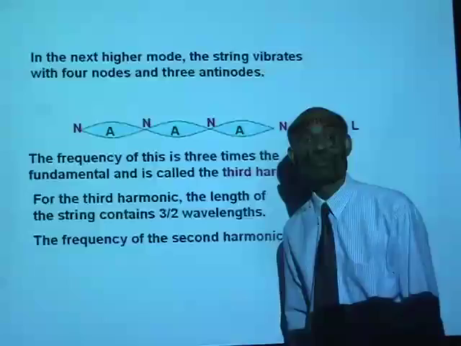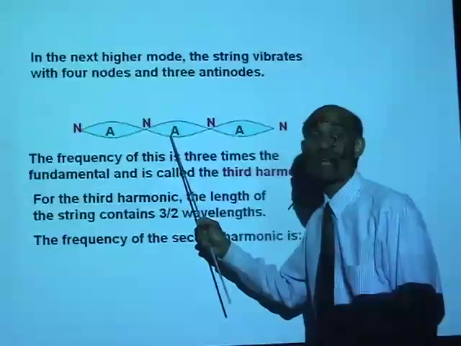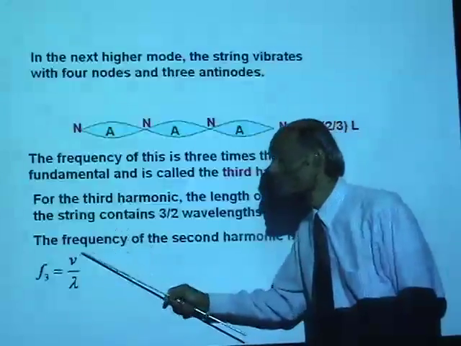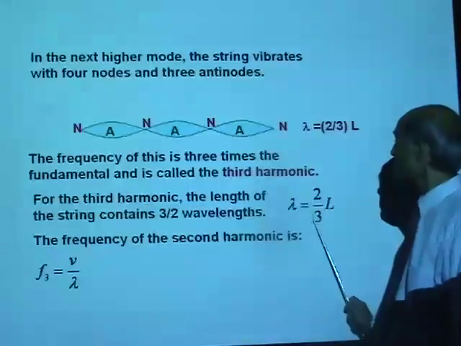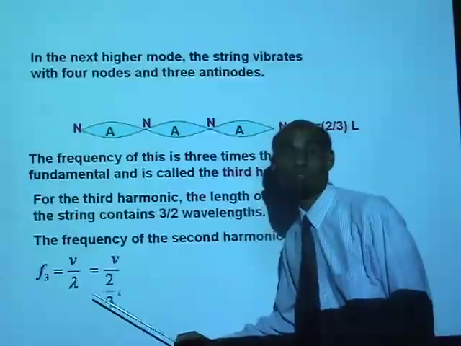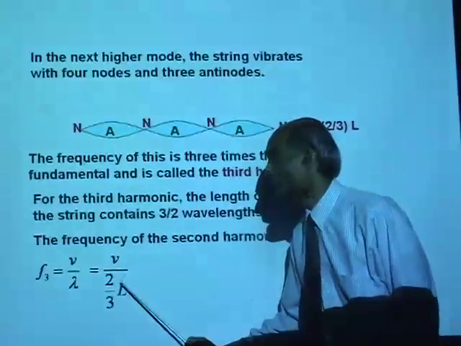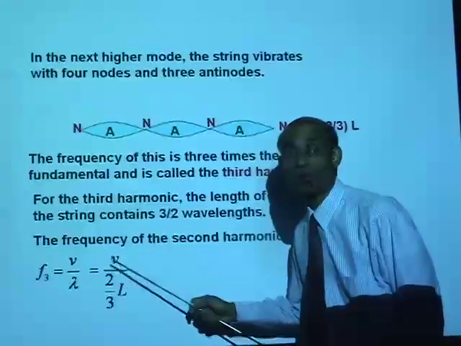Alright, so what is the equation for the frequency of the third harmonic? F3 equal to V over lambda, and lambda equal to 2/3 of L. So replace lambda by 2/3 of L. Now, this can be written as 3 will go up, is that right?